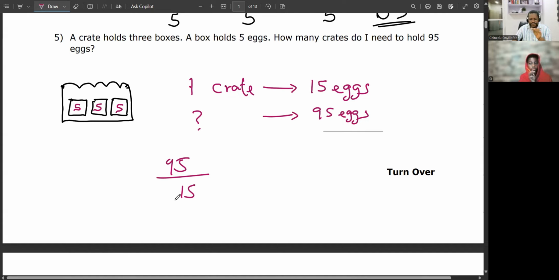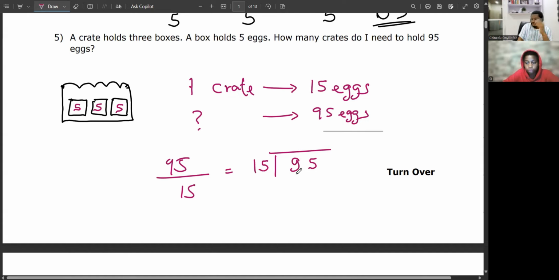Now, of course, you might have some remainder. Okay, I can kind of figure that out. Can I show you? Yes. So you have 95 divided by what? 15.